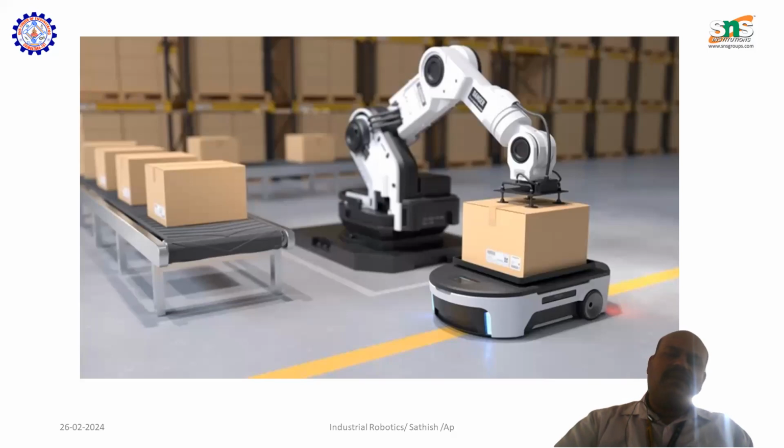So how could you manage to tell that the object is being grabbed properly? Can anyone tell? Yes, there is a contact between these two surfaces, right? The gripper surface and the surface of the object.